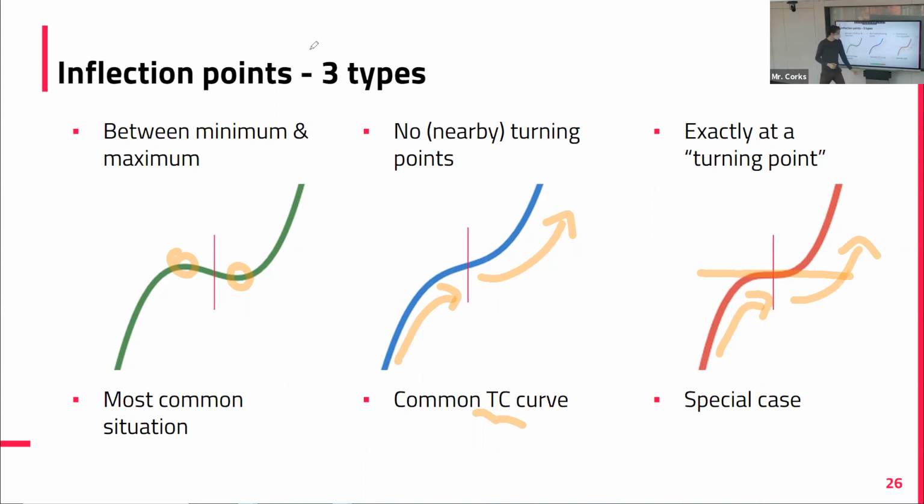There is technically a fourth type, a false inflection point, where we use a third derivative to check for that, but we are not going to run into that in this class, so I'm going to pretend that doesn't exist. These three are enough for us to identify. Okay, good so far.